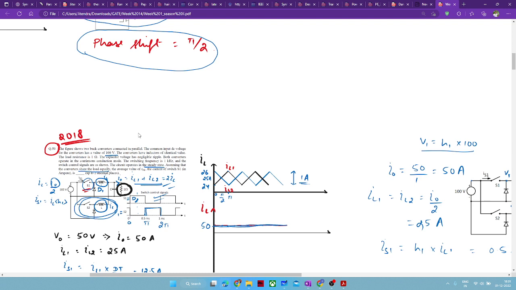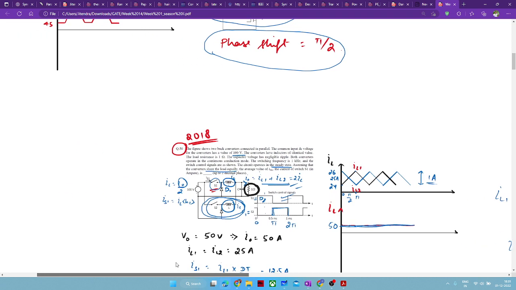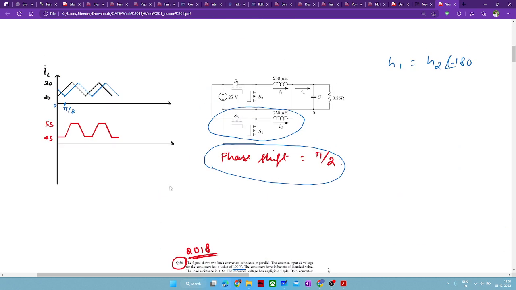And further on, did anyone try with a phase shift of 90 degrees? In any case, this was the circuit here, and I told you to just go and see what happens when you give the phase shift of 90 degrees instead of 180 degrees.